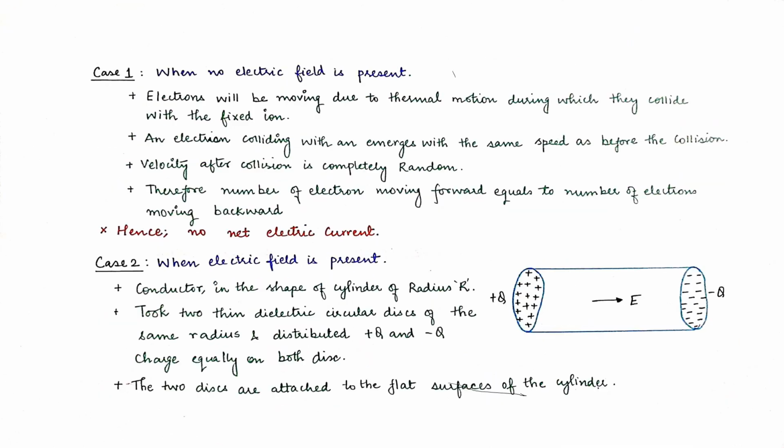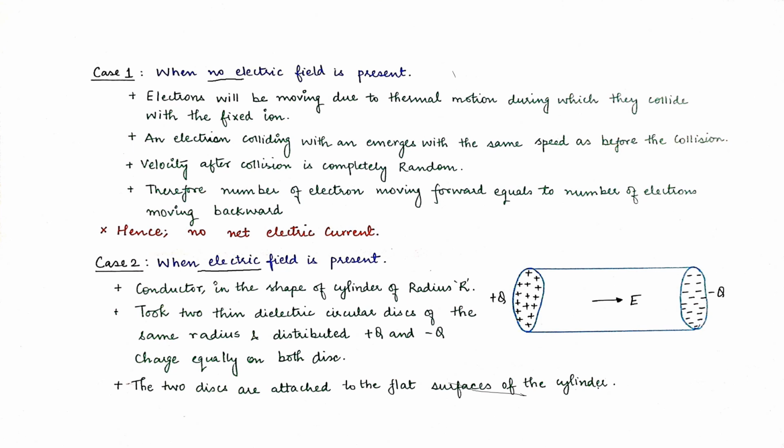Here we are having two cases. Case 1 where no electric field is present, and case number 2 where we have introduced the electric field. Where we are introducing the electric field and where we are not introducing it is the conductor.